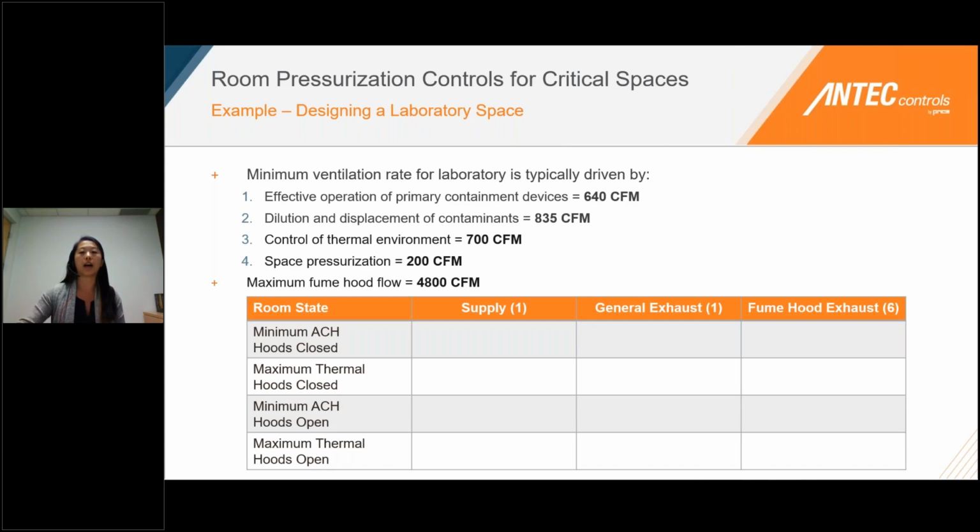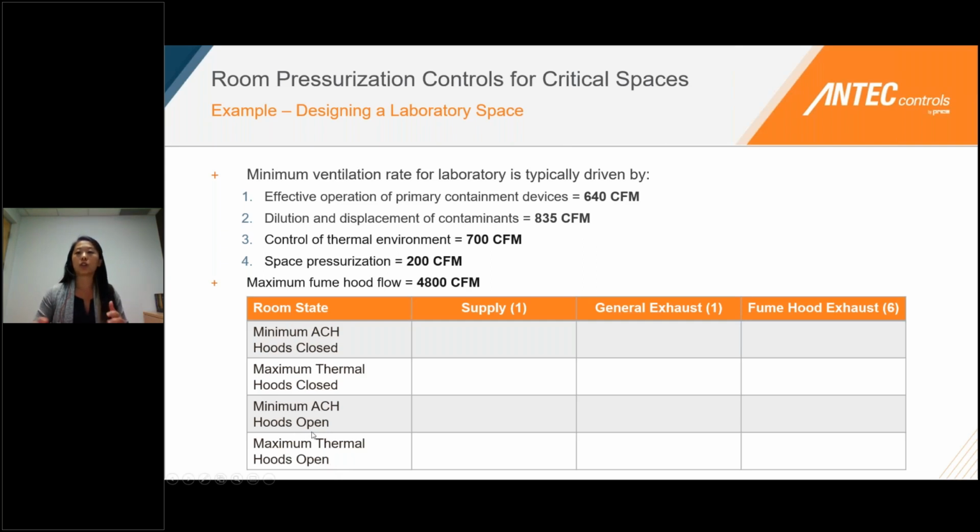In this table, we have our supply valve, we have our general exhaust, and we have our 6 fume hoods, and then we have the extremes of each of these scenarios. So minimum air change requirement with all the hoods closed, minimum air change requirement with all the hoods open, and then we have the maximum thermal load, again assuming that all of the heating sources are turned on, maximum occupancy with hoods closed, and the same thing with hoods open.